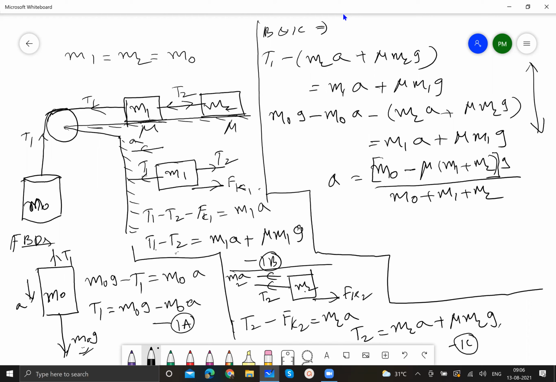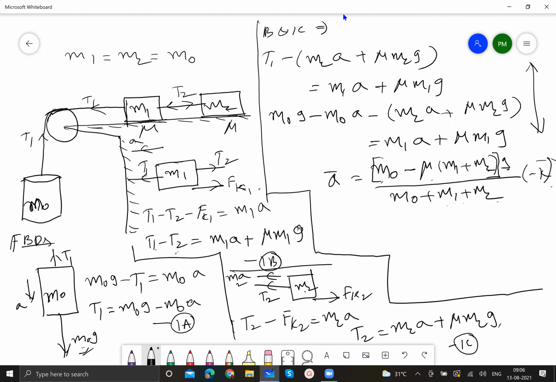Sometimes mu will be different. Assuming that mu is same, it is mu into M1 plus M2 into G. So the accelerating force is M0G minus mu into M1 plus M2 into G. I have taken G common, divided by the total mass of all the three blocks. That's a common acceleration. And if you want to express it in vector form, because acceleration is in the downward direction, it is minus k.